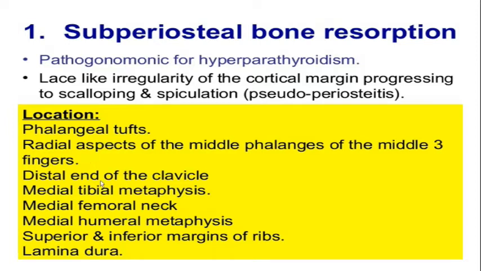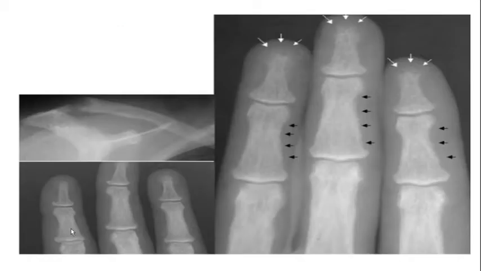Then you can have the distal end of the clavicle, or medial tibial metaphysis, or medial femoral neck. And this is how the subperiosteal resorption looks. This is the phalangeal tufts, you can see. This is the resorption of the bones on the terminal side of the phalanges.